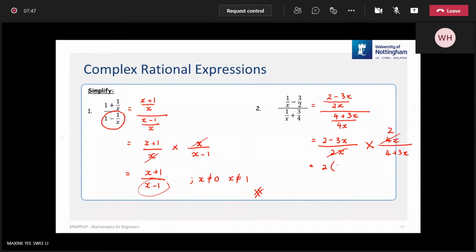So you have 2 minus 3x over 4 plus 3x. Now remember earlier we said that some questions might specify you to give the final answer in terms of a polynomial, your rational expression in polynomial form. So you expand, you remove the brackets, so here it becomes 4 minus 6x over 4 plus 3x. All right, is that all?